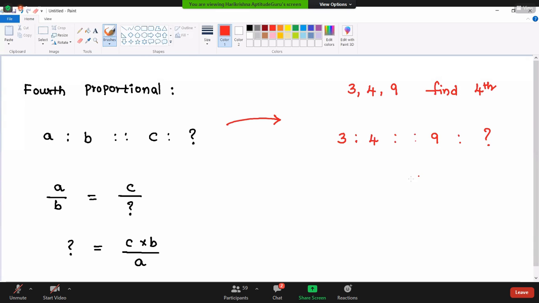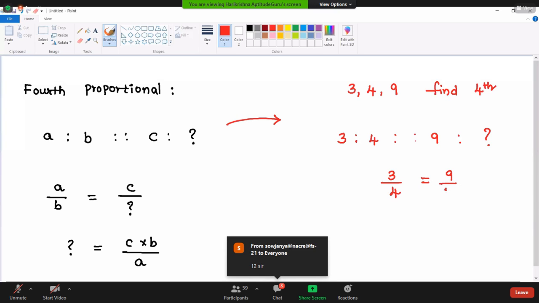So we can write this as 3 by 4 is equal to 9 by something. You have to find out the question mark value now. So question mark value will be equal to 4 into 9 divided by 3. 3 ones are 3, 3 fours are 12. You can mark your answer choice as 12. So fourth proportion of it is going to be 12.